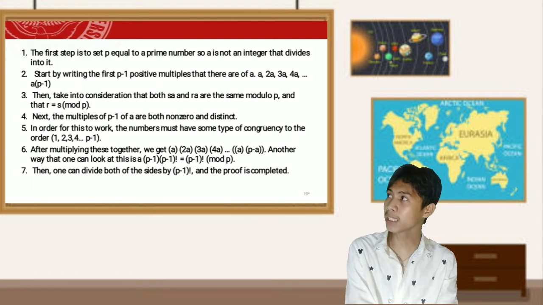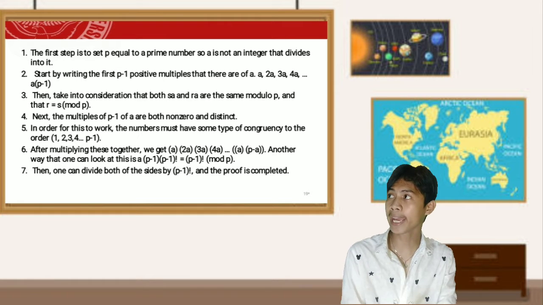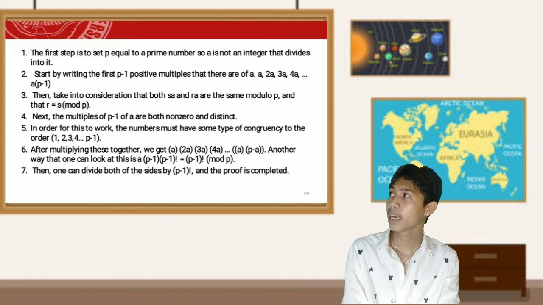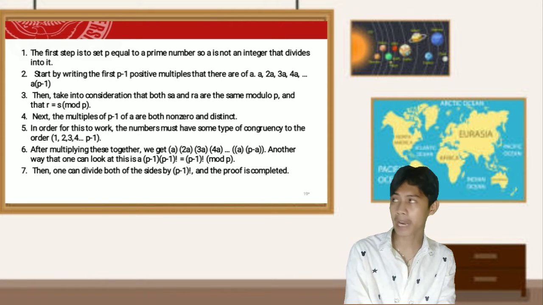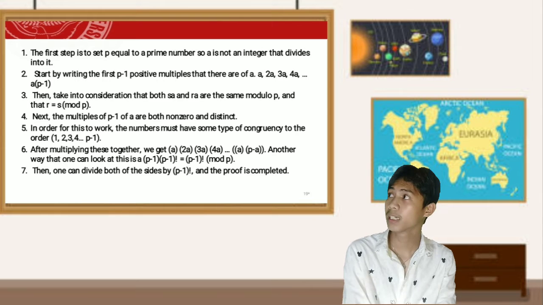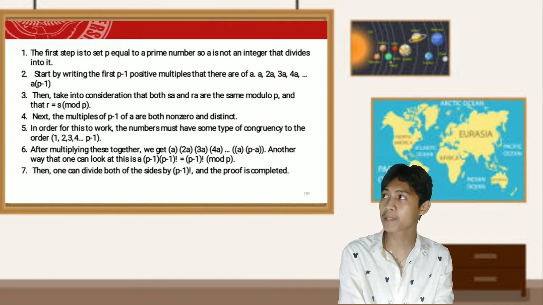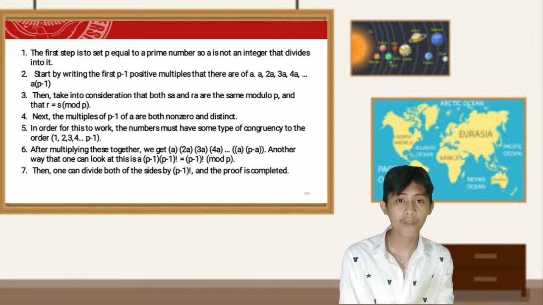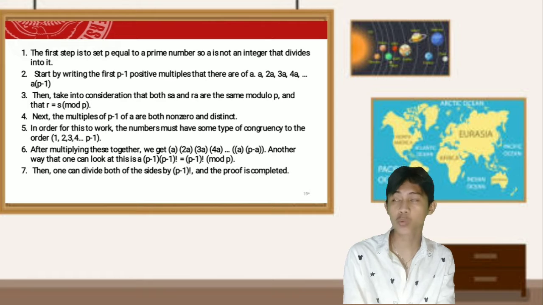Next, the p minus 1 multiples of a are both non-zero and distinct. And the fifth step is, in order for this to work, the numbers must be congruent to the order 1, 2, 3, 4, and so on, up to p minus 1.